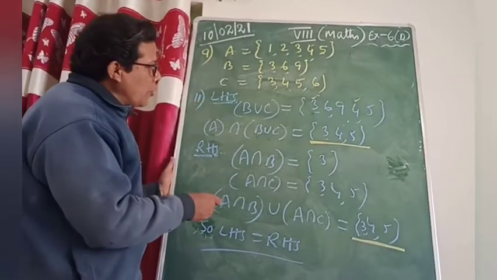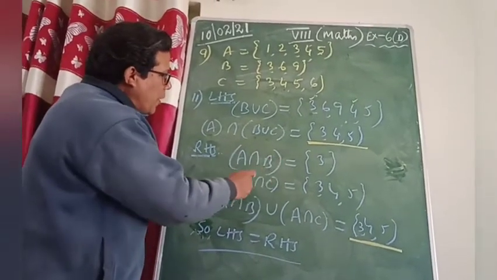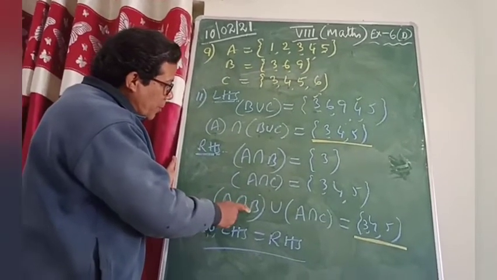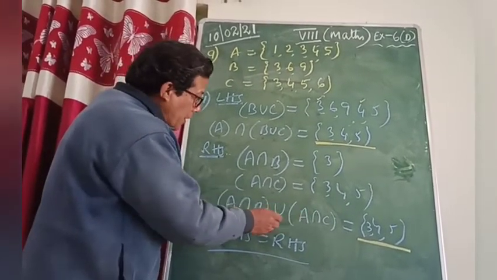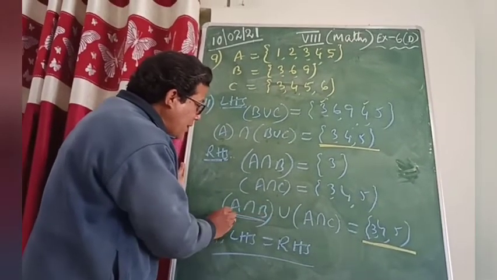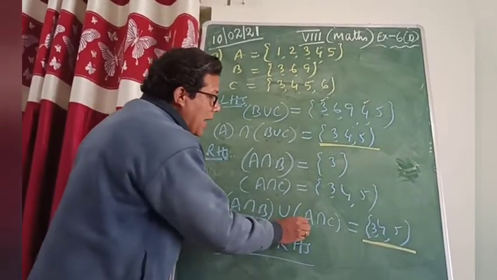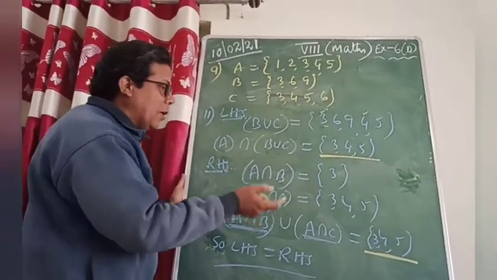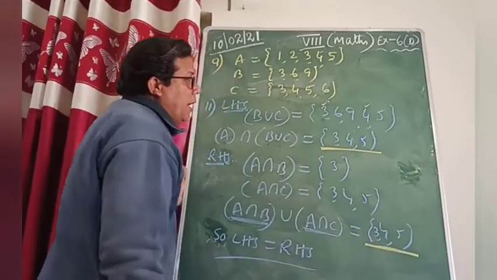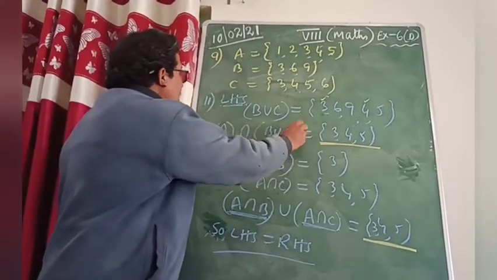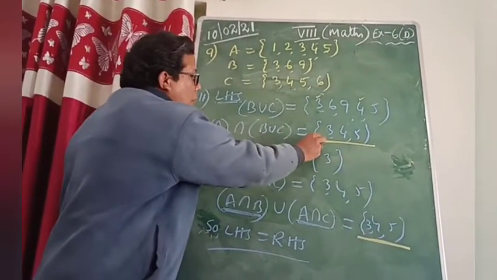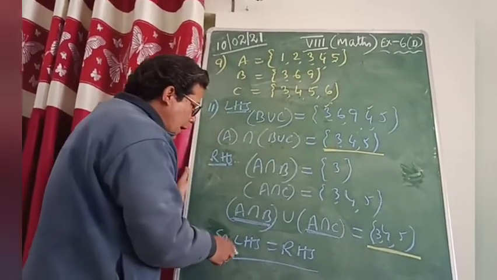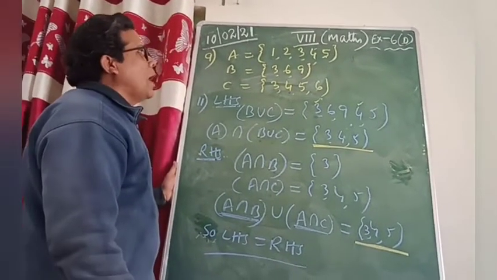And the second part of the question, I found out A intersection B, I found out A intersection C, and then I found out A intersection B union A intersection C. That means you have to add the elements of A intersection B and A intersection C. Those two sets have to be added together. Which all elements are coming? 3, 4 and 5. So what you have to notice is that whatever value comes in the left hand side and whatever value comes in the right hand side, both the values are same. So you can write here LHS equal to RHS.